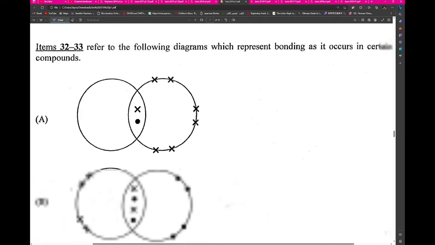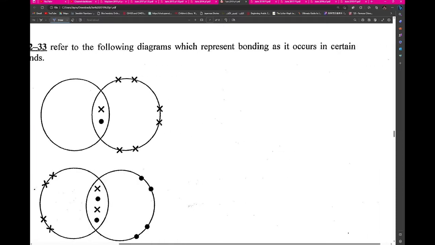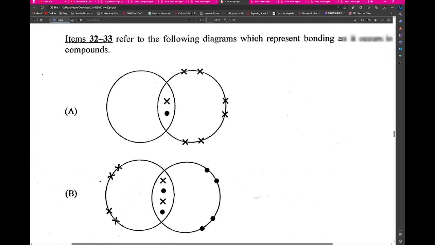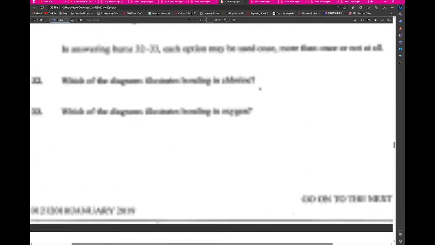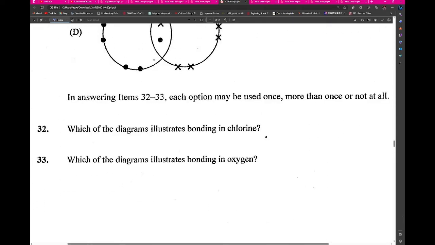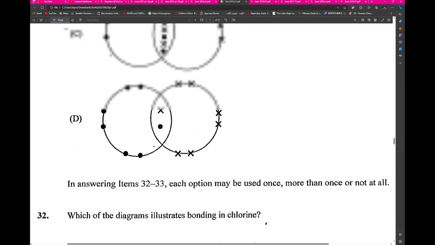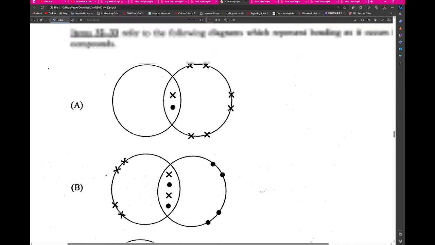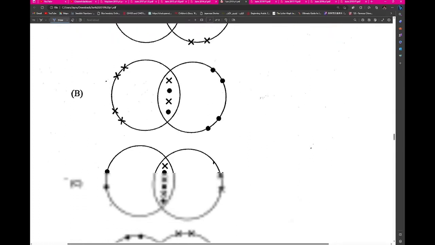Refer to the following diagrams which represent bonding as it occurs in certain compounds. Which of the diagrams illustrates bonding in chlorine?